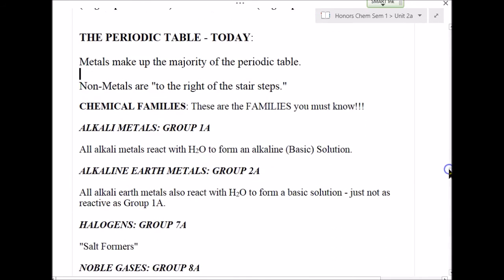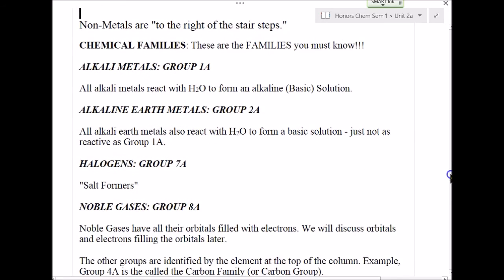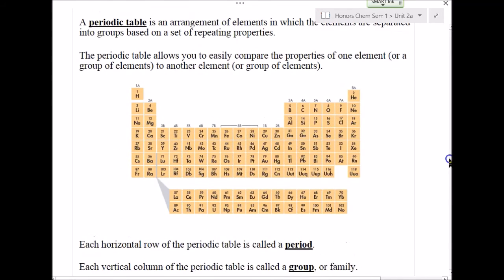All right. Chemical families. I want to talk about each one of these four so you can see that. Let me talk about the four that we really need to know. For example, looking at group 1A, these are called alkali metals. This is what we make most of our batteries with.